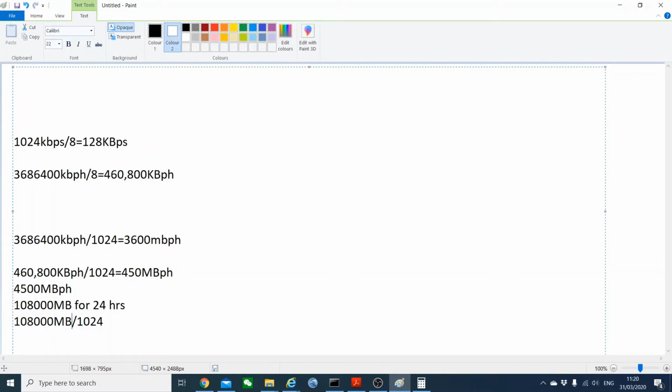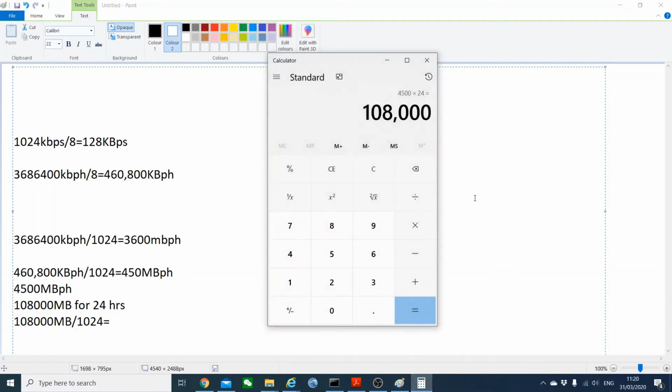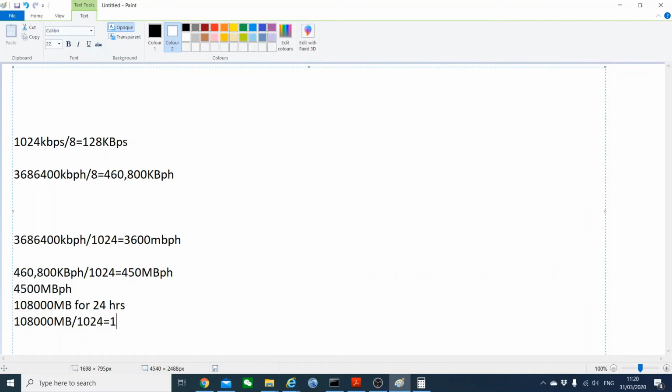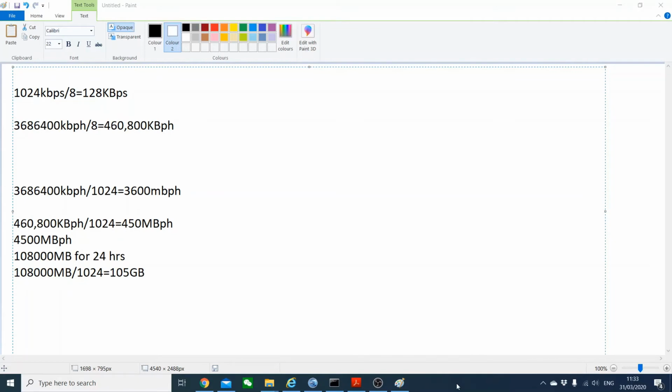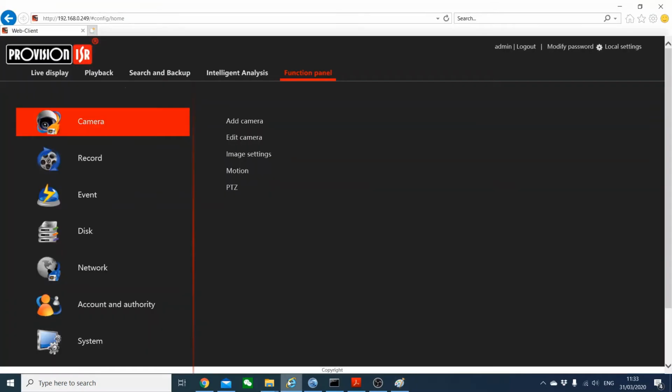So let's do the math. 108,000 divided by 1024, and this is 105 gigabytes. Very simple. Now let's see how everything that we've just talked about takes place inside Provision-ISR's NVR.